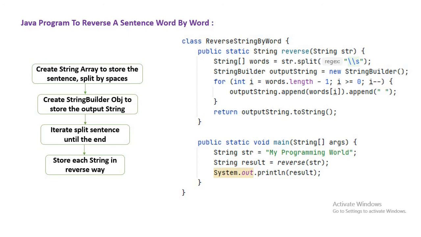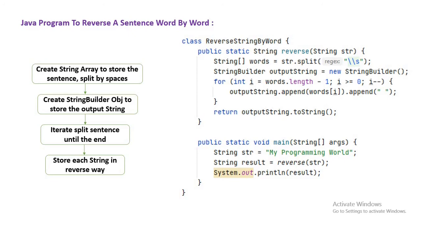Now the output string is world space programming space, and in the last iteration we have already decremented by 1, so i value is 0, and i is greater than or equal to 0, yes it is equal to 0. Then again it comes to the body and appends the 0 position of words. At the 0 position is my, so we append my to the same output string.